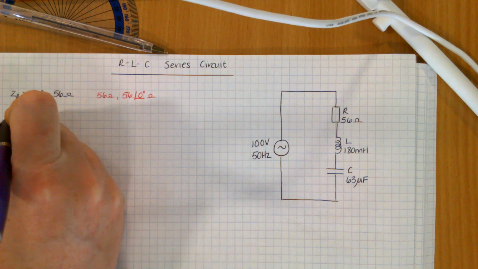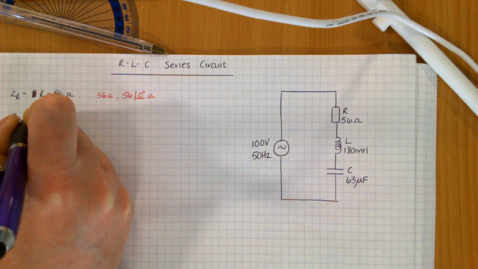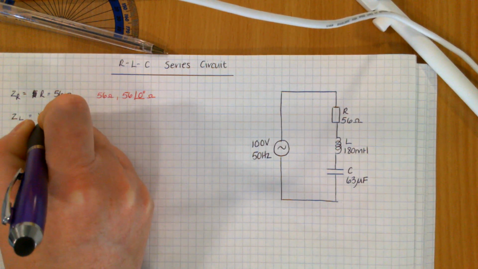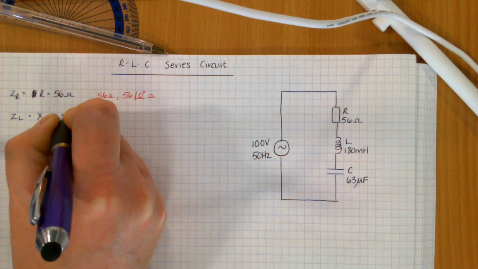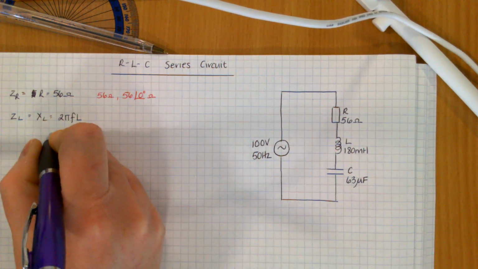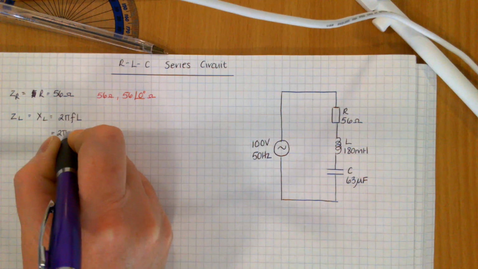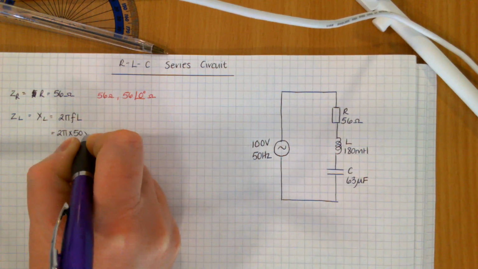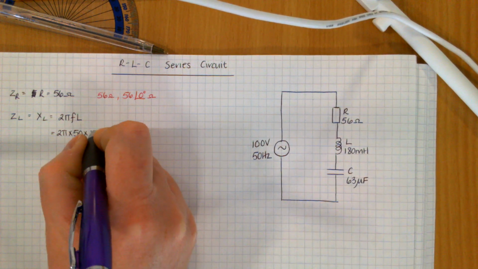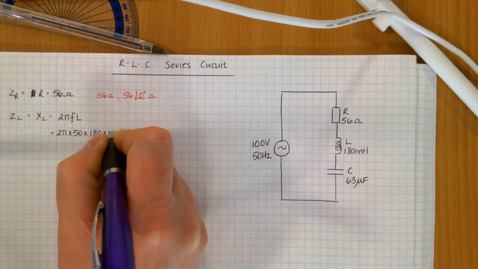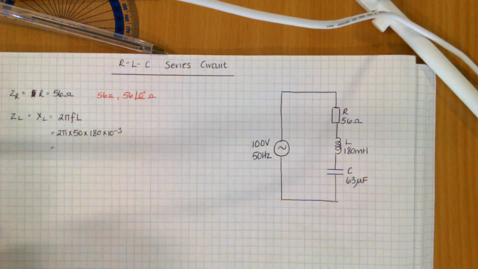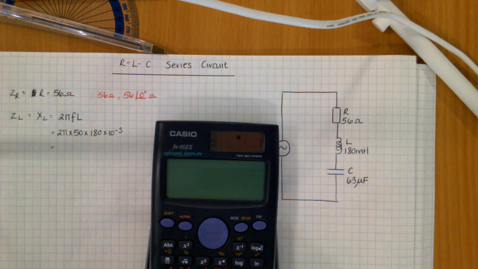Then, the same way as you would have done last time, for the inductor, your ZL is your XL, which is your 2 pi FL. So that's 2 pi times the frequency of the supply, 50, times your L, which is 180 times 10 to the minus 3. So let's have a wee look at that.